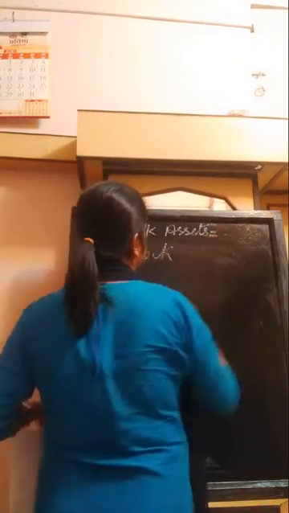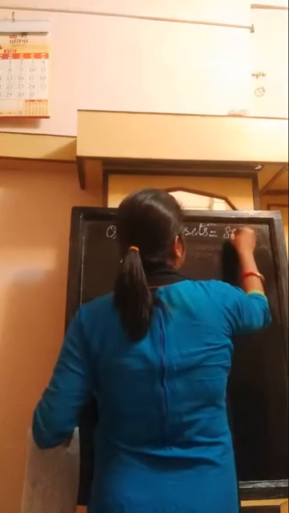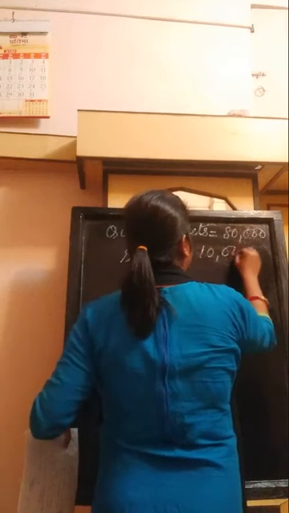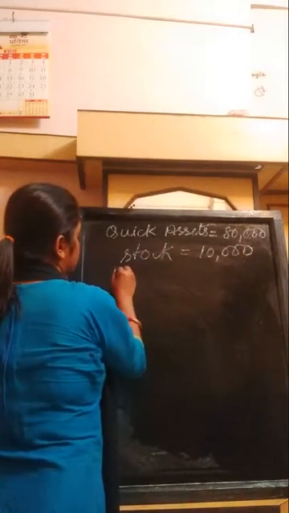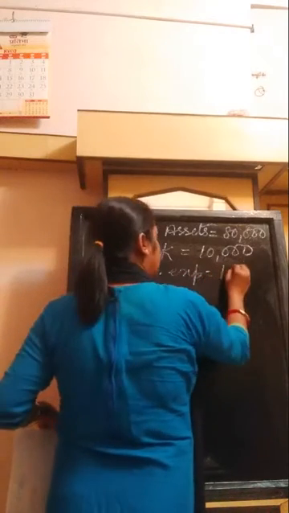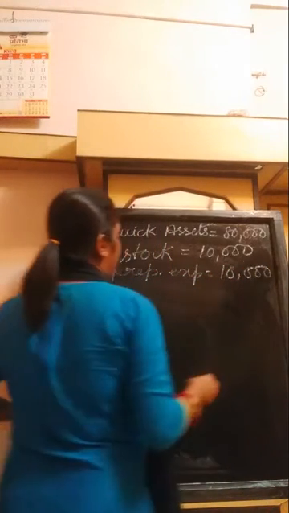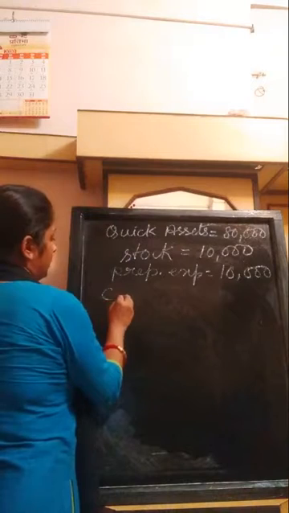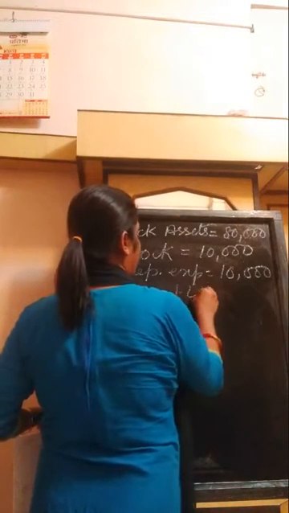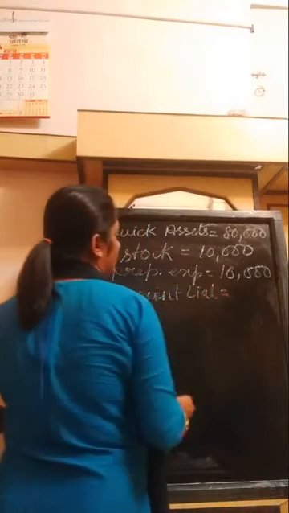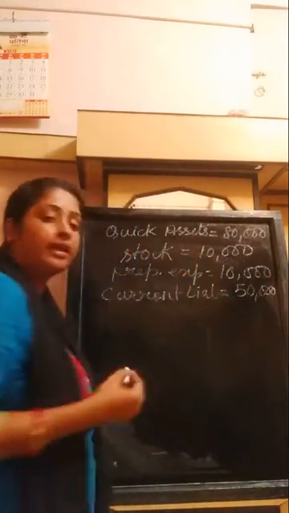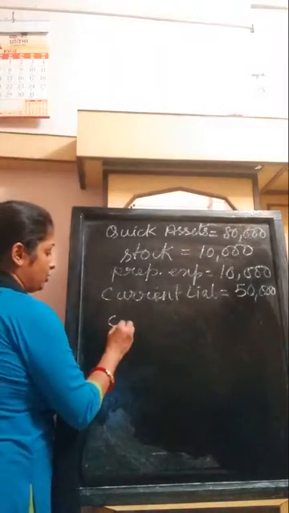Suppose quick assets is given to you as 80,000 and stock is given as 10,000 and prepaid expense is given as another 10,000, and current liability is given as 50,000, and you are again asked to find out the current ratio.